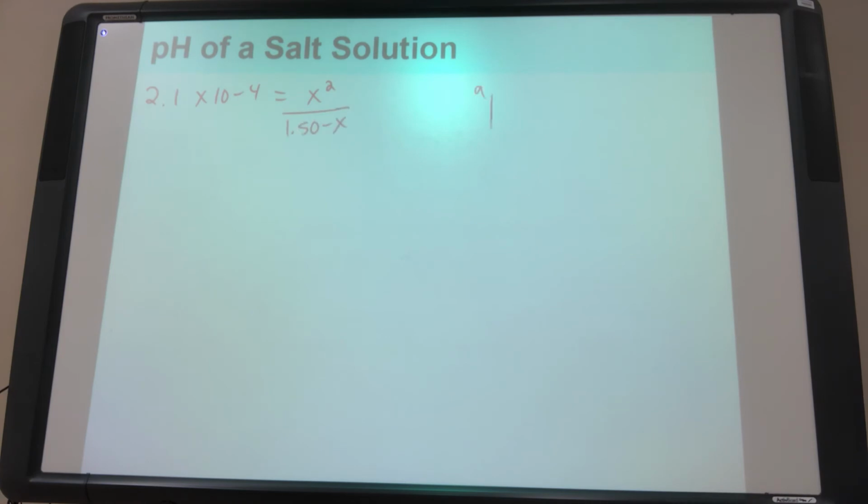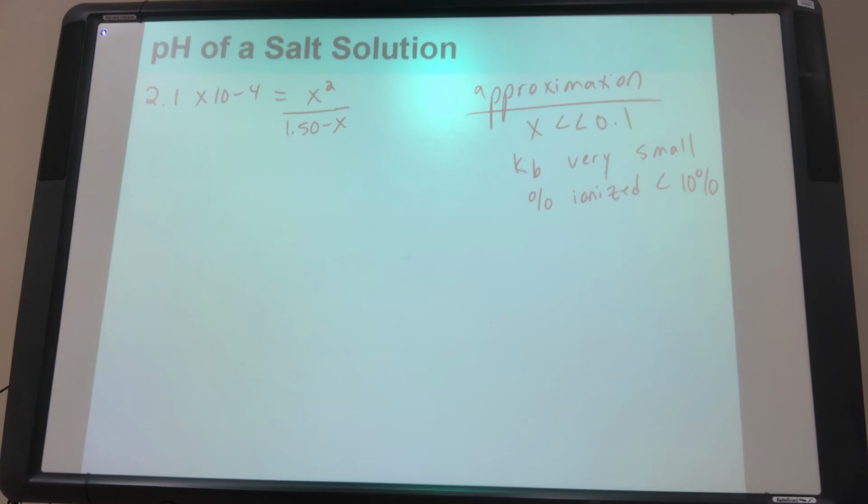I want to do my approximation. So I need to check that my x is a lot less than 0.1. I need my Kb to be very small, and I need my percent ionization to be less than 10%.